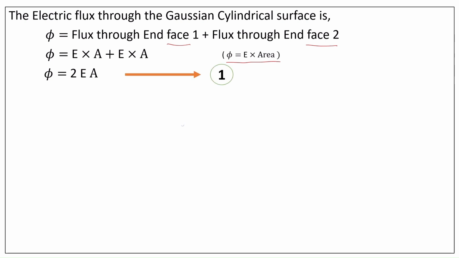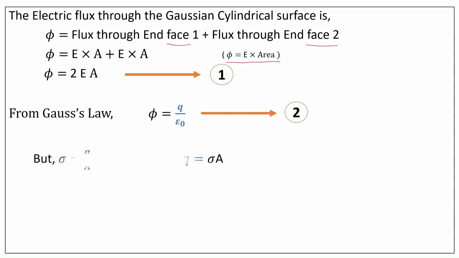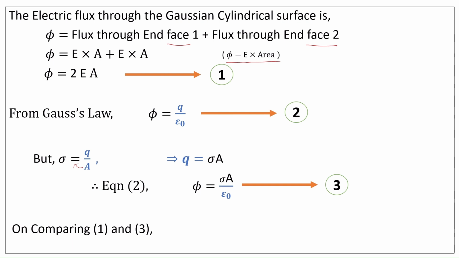Mark as equation 1. From Gauss's law, phi is equal to Q by epsilon naught, equation 2. But sigma is equal to Q by A, which gives Q is equal to sigma into A. Therefore, equation 2 becomes phi is equal to sigma A by epsilon naught, equation number 3.